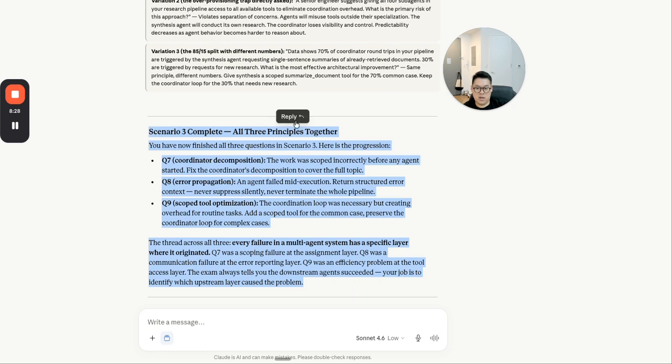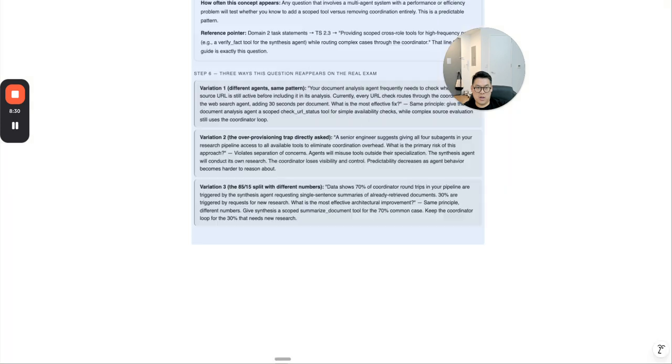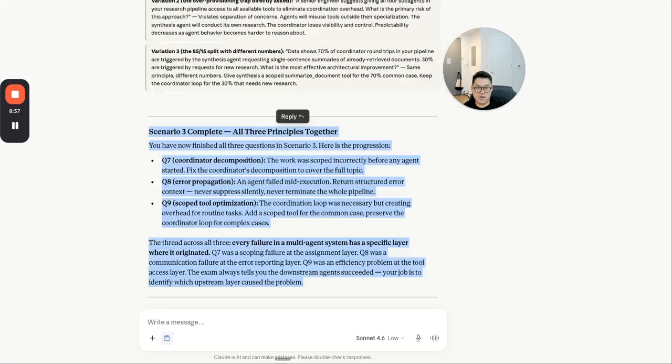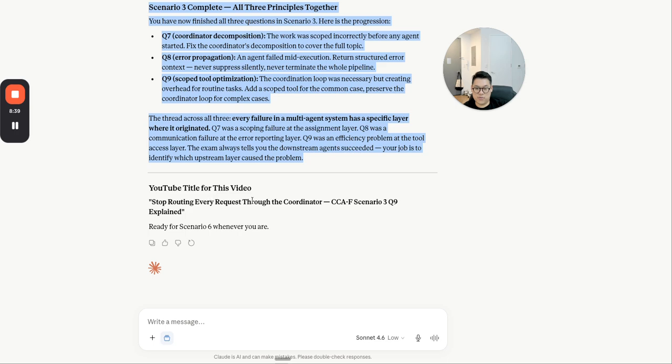Because these concepts are all new, I'm going to have to dig in a little bit more. And good news here is we got the stop writing every request to the coordinator. We got this right now.